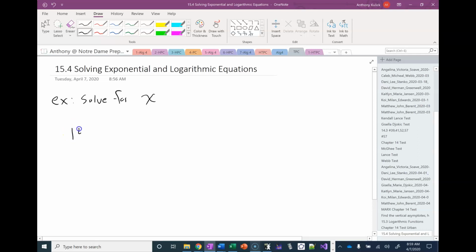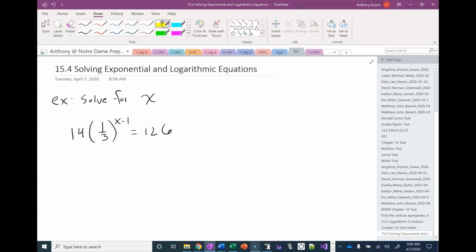So let's say we have 14 times 1/3 to the x minus 1 is equal to 126. So the first thing we'd want to do is get the exponential part by itself on one side of the equation.